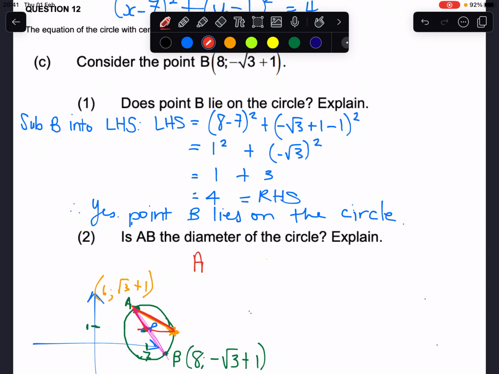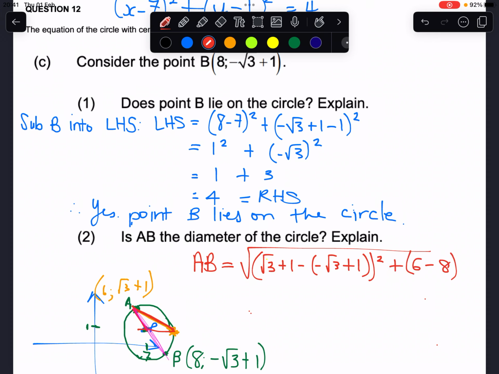So AB is equal to, distance formula, root of (3 plus 1 minus root 3 plus 1) squared, and then our x coordinates, (6 minus 8) squared.